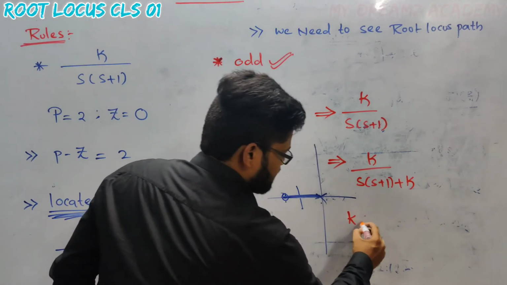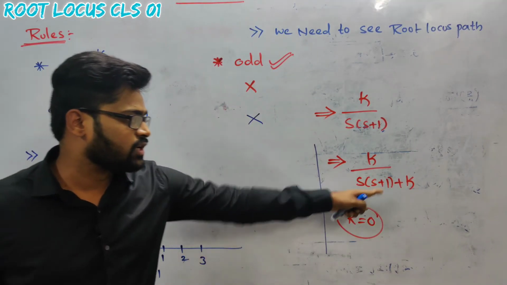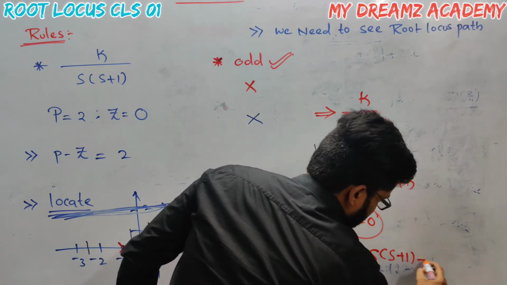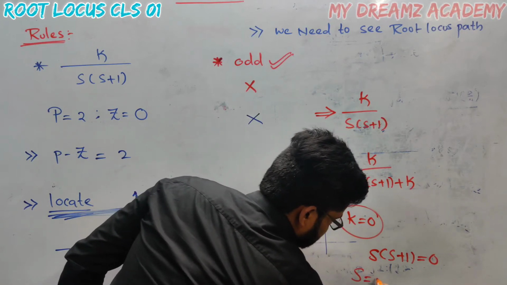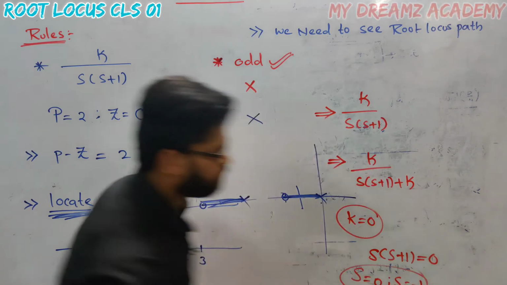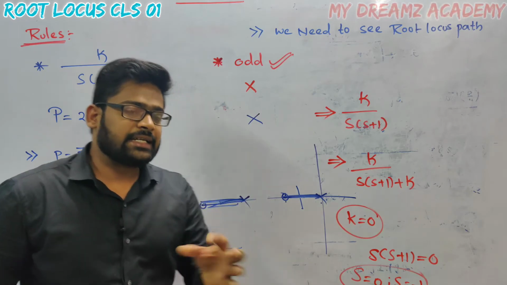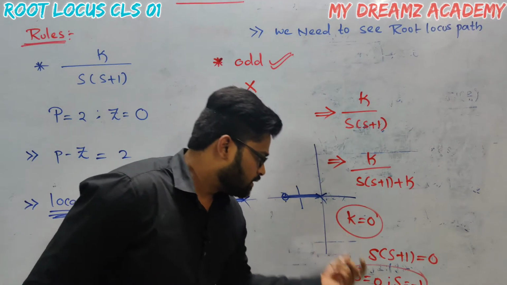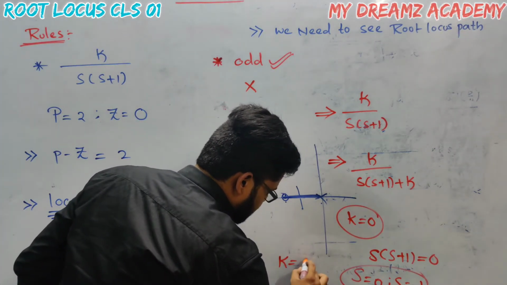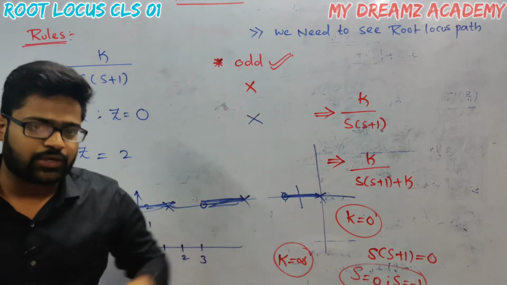See, if I consider k equal to 0, we have the equation s into s plus 1 equals 0, so s equals 0 and s equals minus 1. If the k value is 0, it represents the location of poles, and if k is equal to infinity, it will represent the location of zeros.